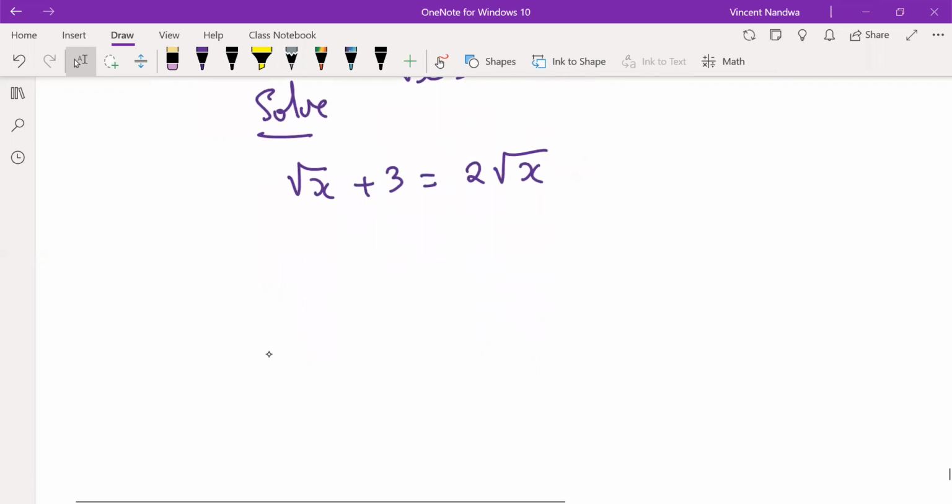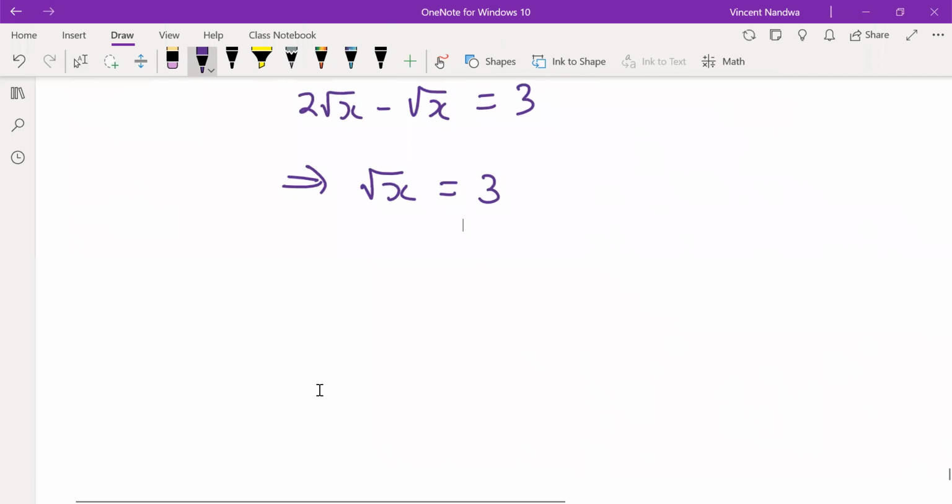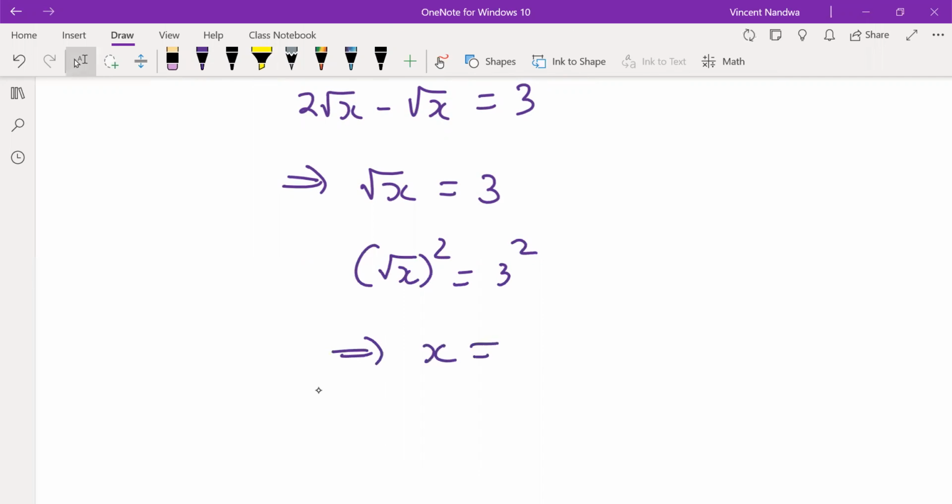And then collect like terms. So 2 root x minus root x equals 3. So 2 root x minus root x is just root x, which gives us 3. And to get x, we square both sides. So x equals 9.